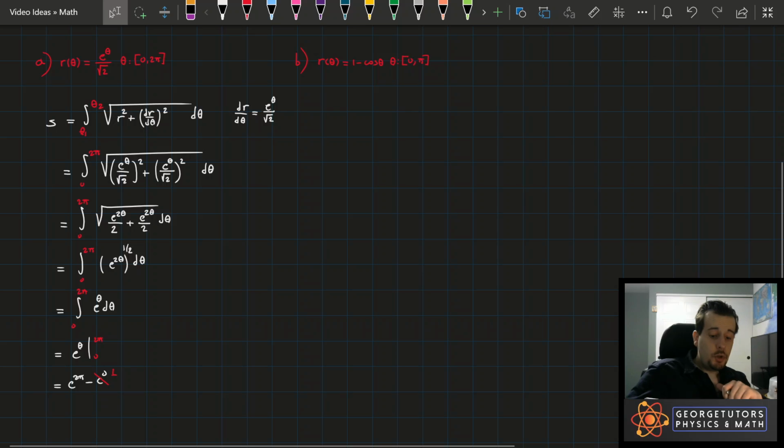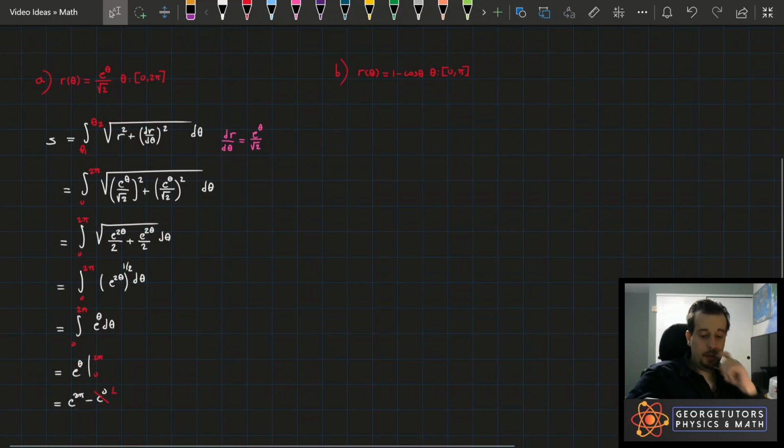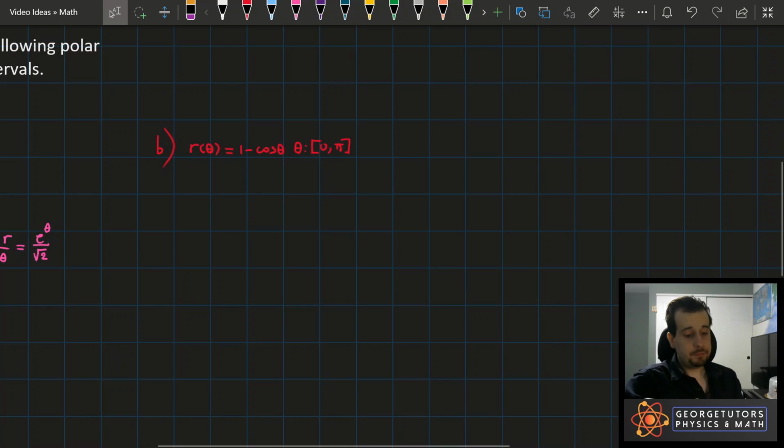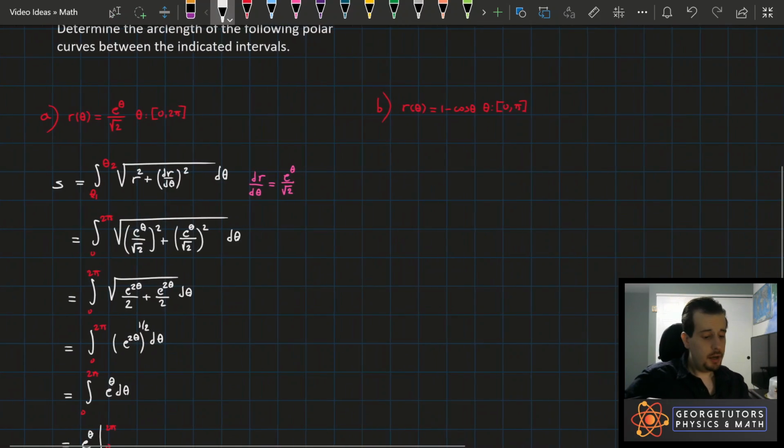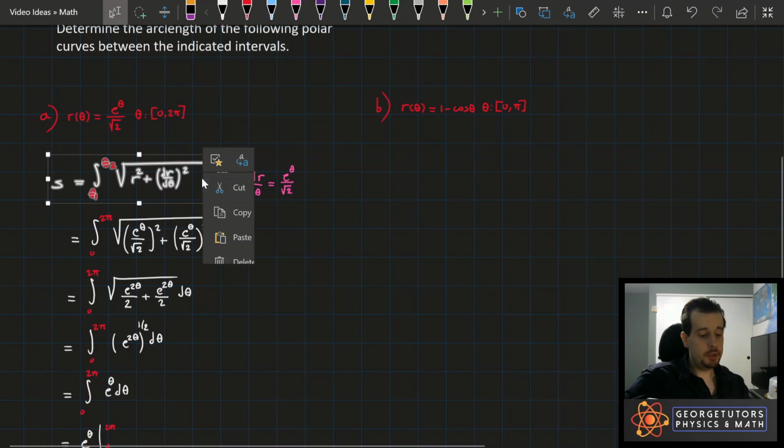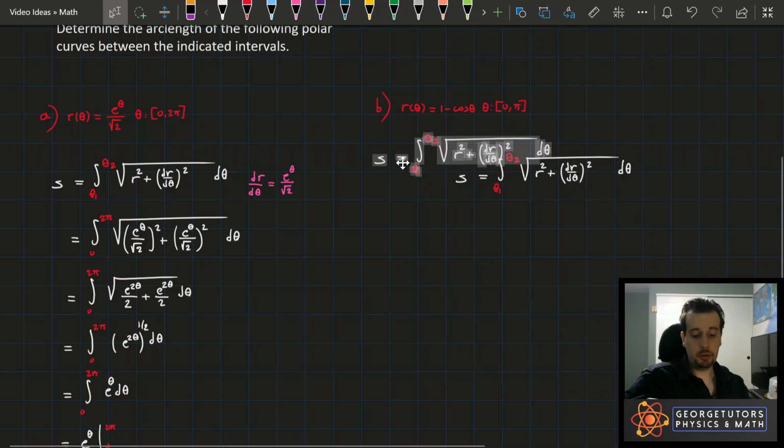Not too bad. So the next example that I've got lined up is a little more cumbersome. So again, we have to fill in this equation. That's what we're trying to do to calculate the arc length now.